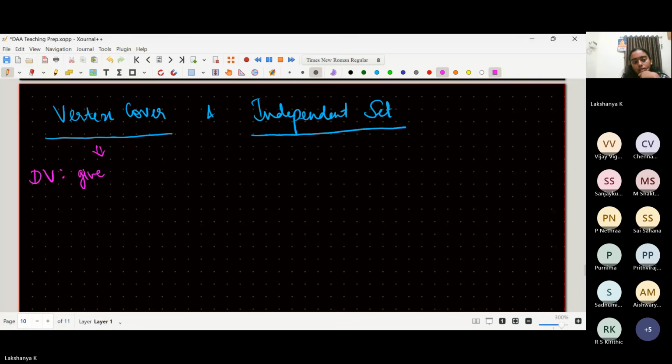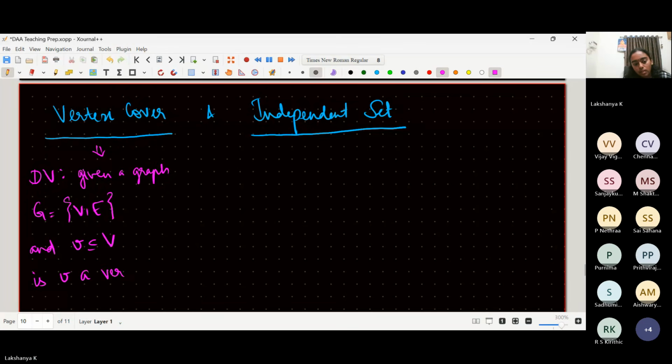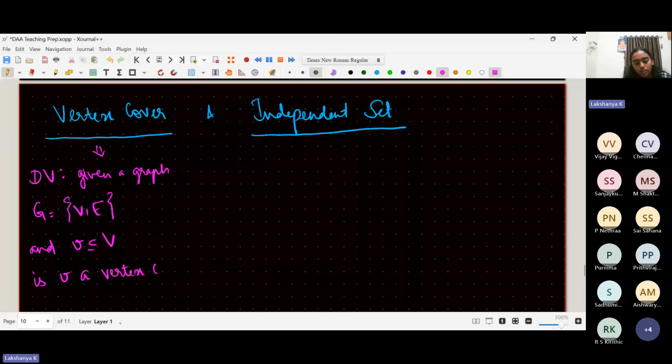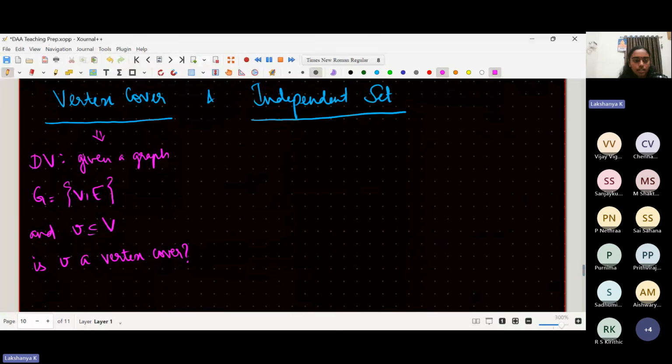Given a graph G equals (V, E), where V is the set of vertices and E is the set of edges, usual terminology. And let's say small v is a subset of V. Is small v a vertex cover? This is the decision version.